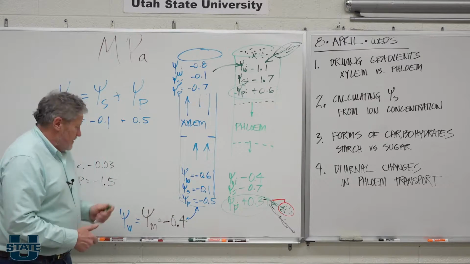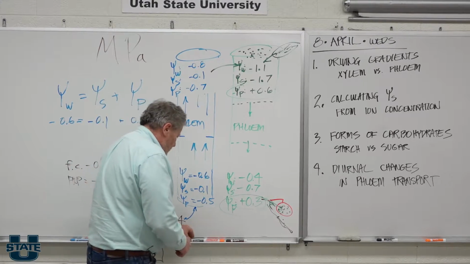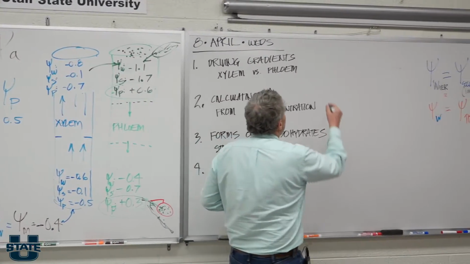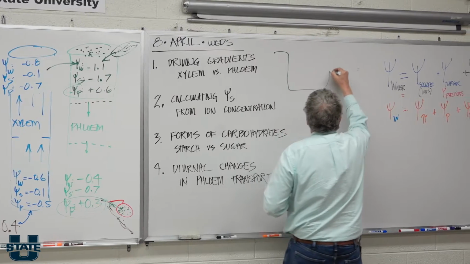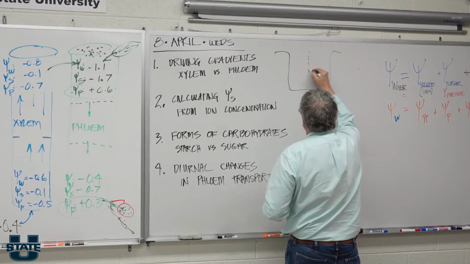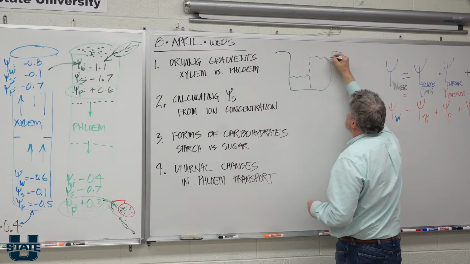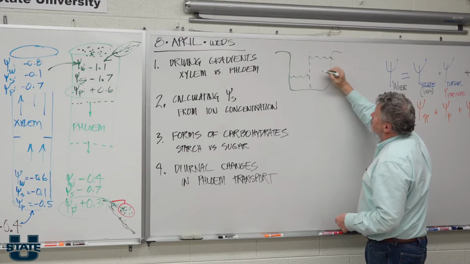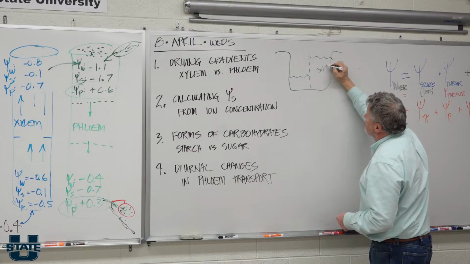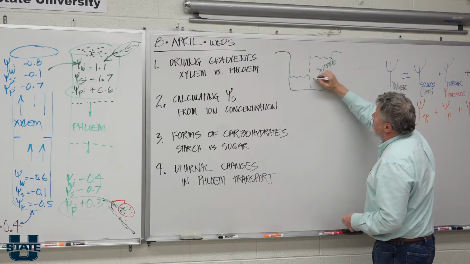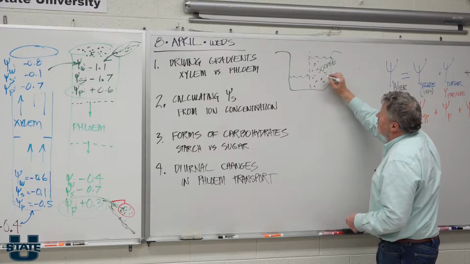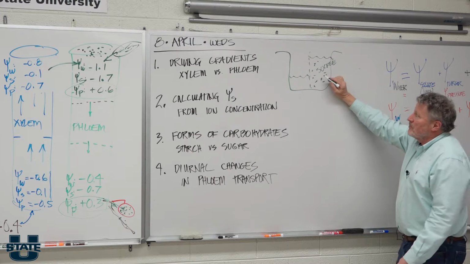So it's a little like, let's go back to our beaker here. Here's our semi-permeable membrane. If we put lots of sugar over here, I'm going to put sugar, sucrose. Sucrose is the dominant sugar. Before we had salt in here. Now we put sugar in here.